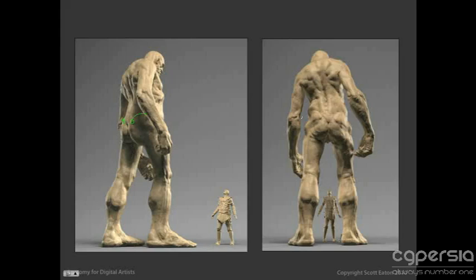Like this is a really, really powerful giant, and what happens is their bones grow disproportionately, and their muscles don't keep up with the growth, so they stop growing everywhere else, but their bones continue to enlarge. And so for this guy, he ends up having a big bowl of a pelvis and really protruding hip bones.